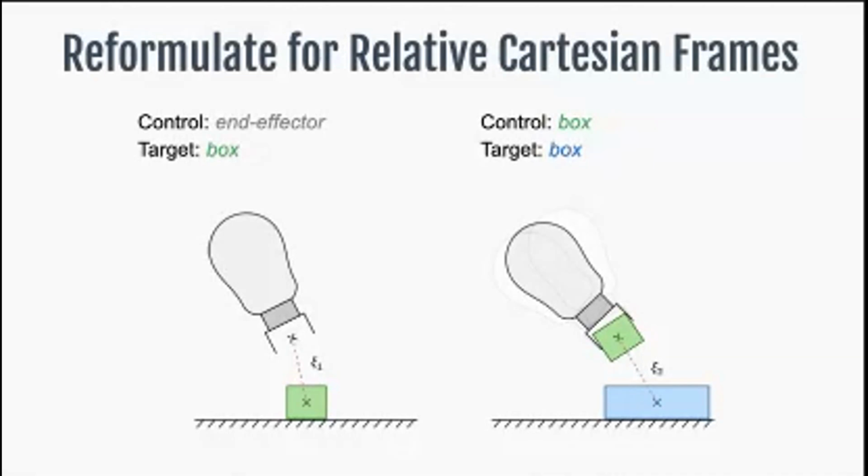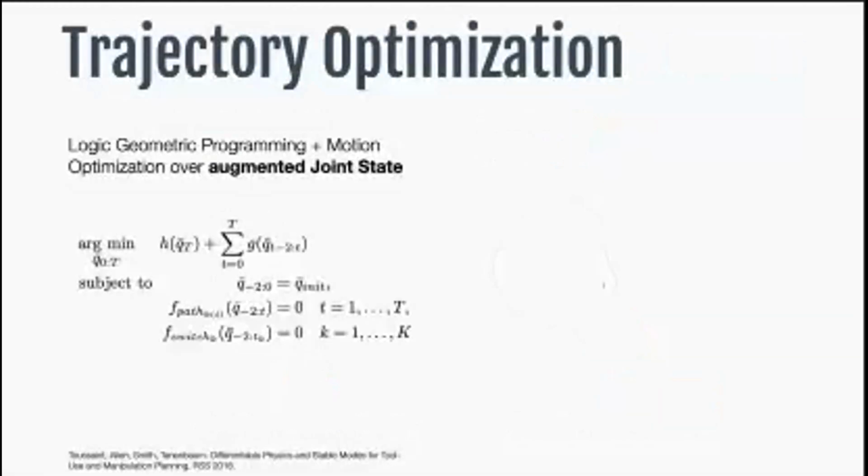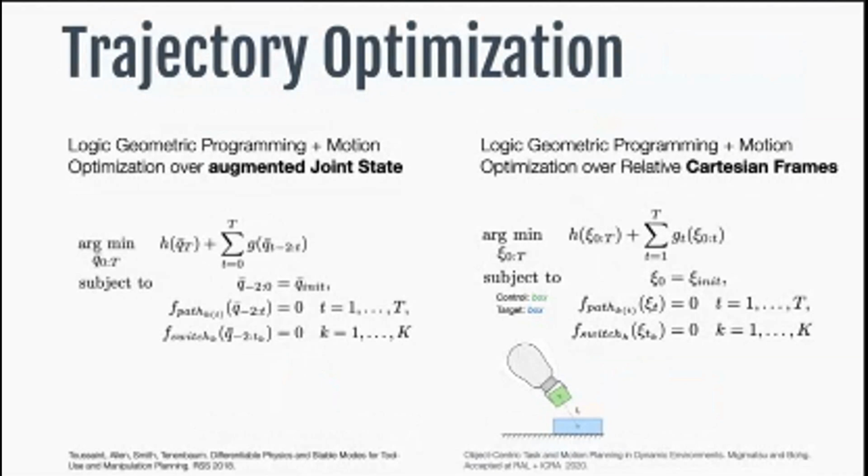And the contribution of this work is essentially to take this nice logic geometric programming and formulate it to actually optimize over relative Cartesian frames. So we keep this logic planner, and now we optimize over these frames.